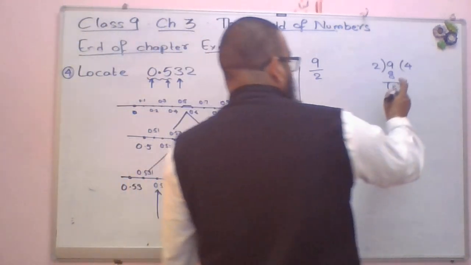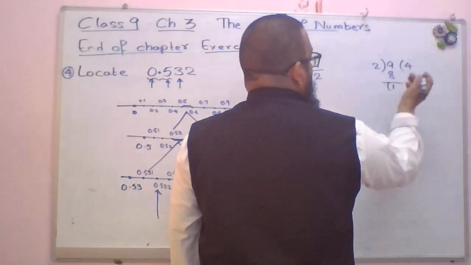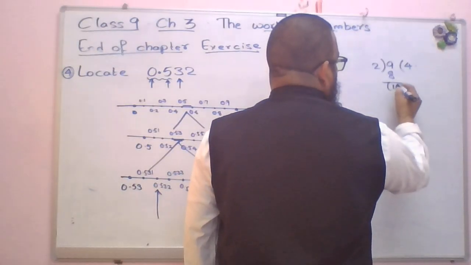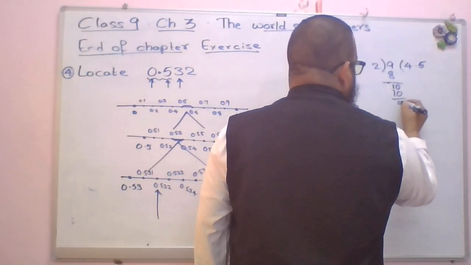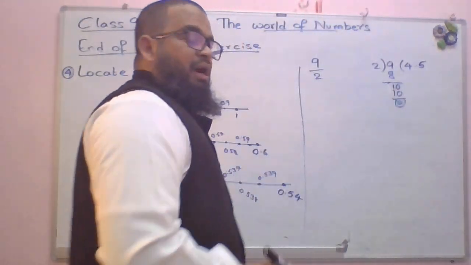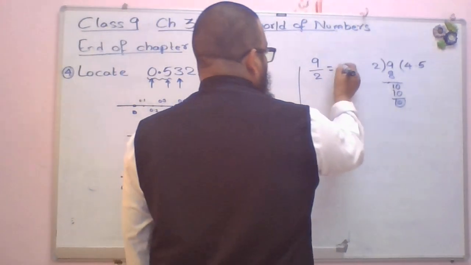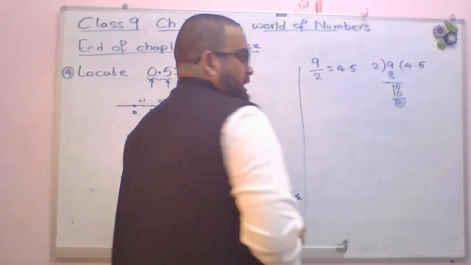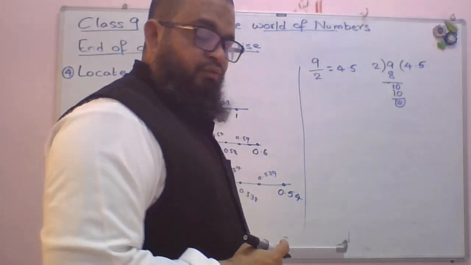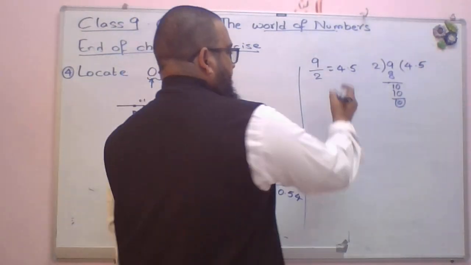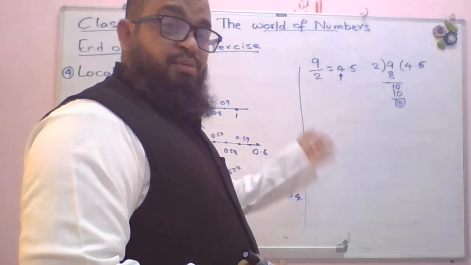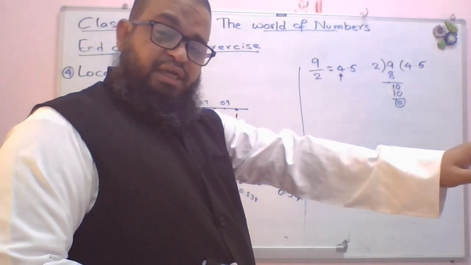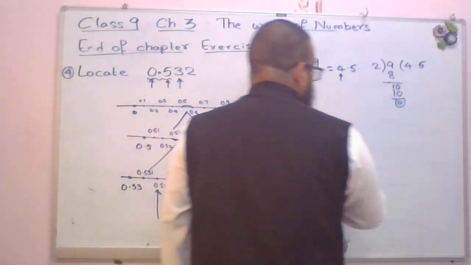So you can find the decimal part also if you want. Point, and 2 5s are 10. So 9 by 2 is nothing but 4.5. So take the first whole part: the number lies between 4 and the next one, 5.